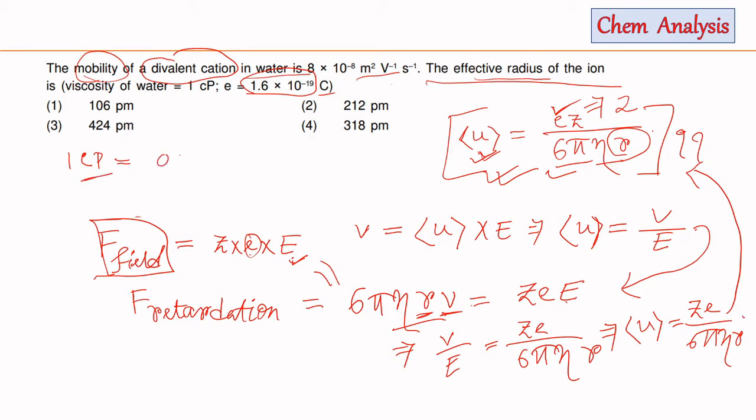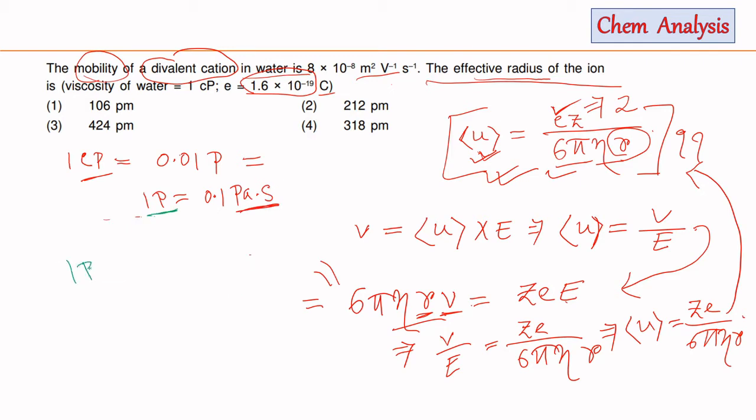We can write here 1 centipoise is equal to 0.01 poise. Now we know that 1 poise is equal to 0.1 Pascal second, and this is the SI unit of viscosity.